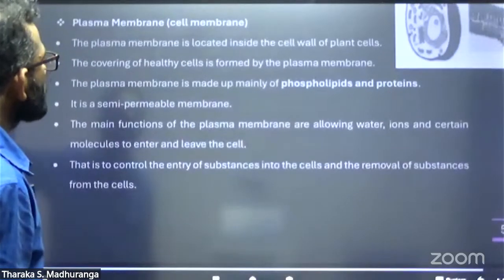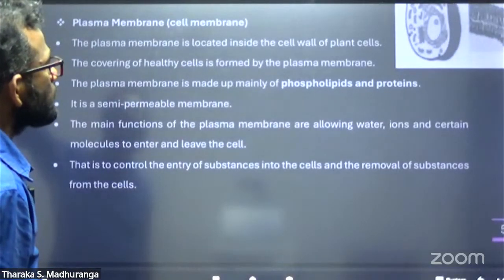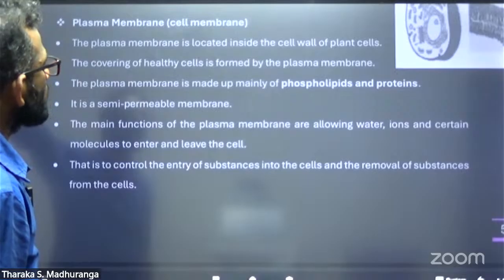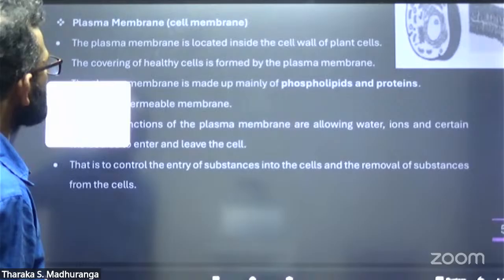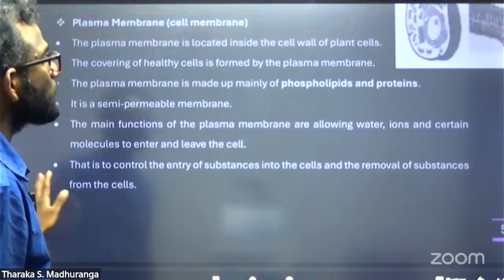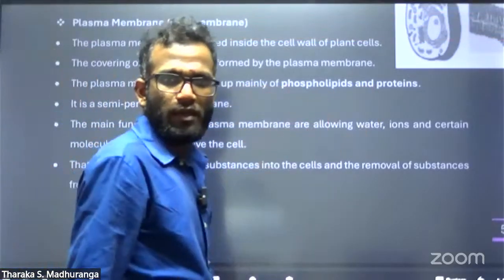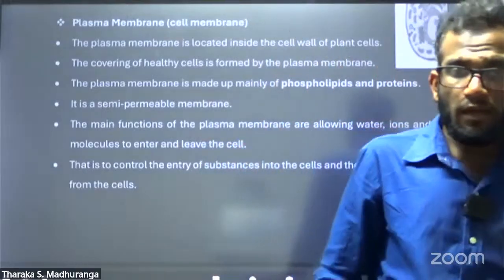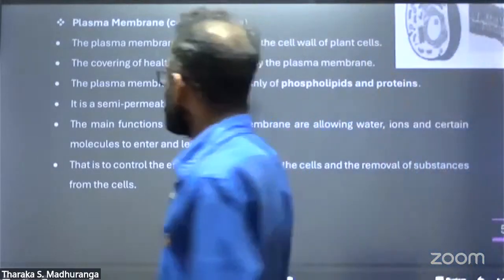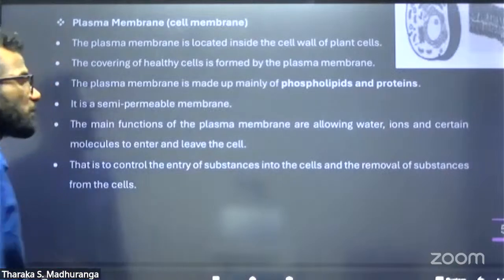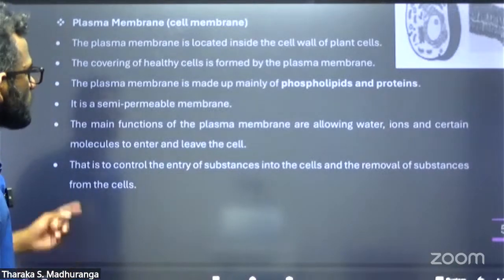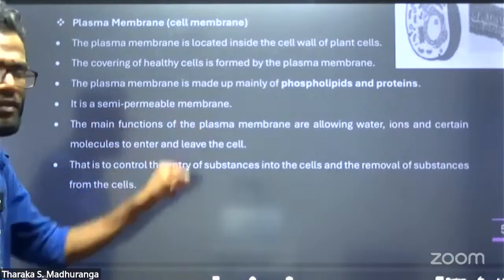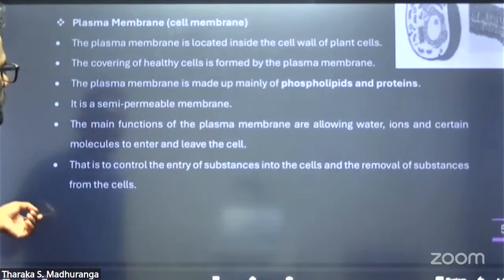The covering of the cell is performed by the plasma membrane. The plasma membrane is made up mainly of phospholipid and protein. Important. It is a semi-permeable layer.